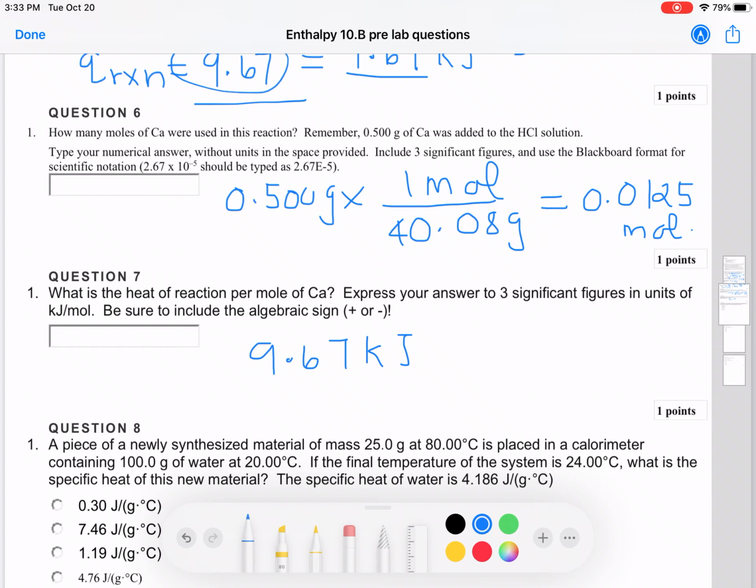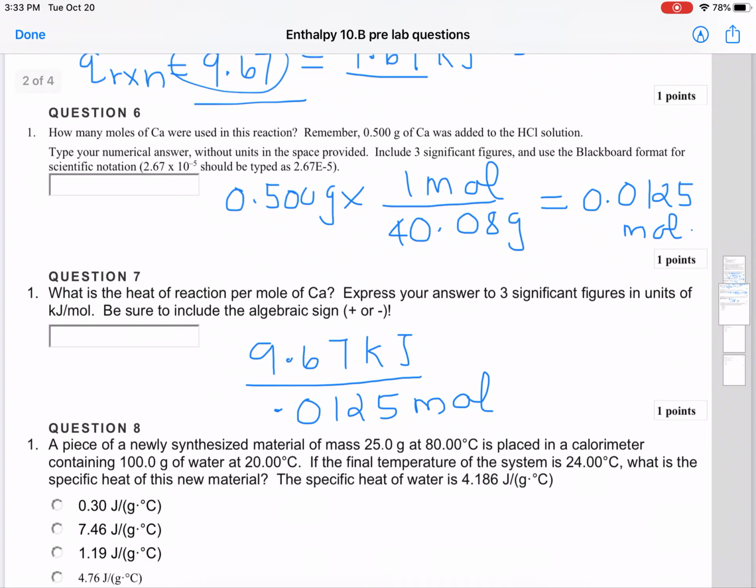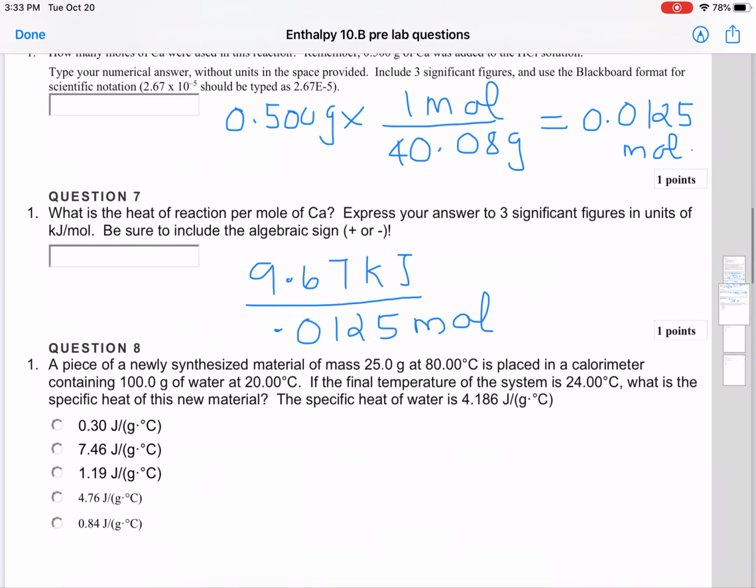Now we want to find out per mole. So you take this number and divide it by the moles. This will give you per mole of calcium. Okay, you do this calculation and then you can put your answer there.